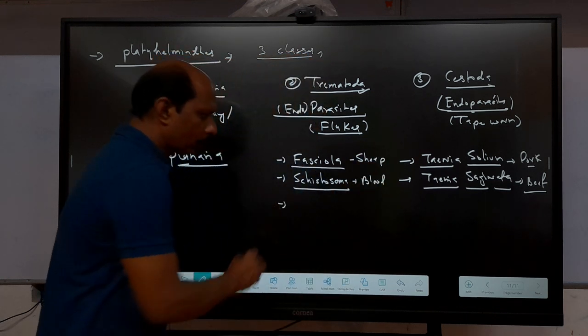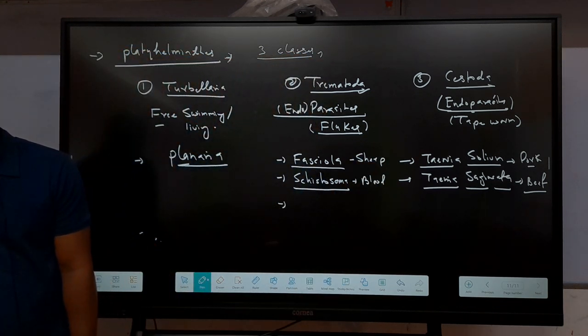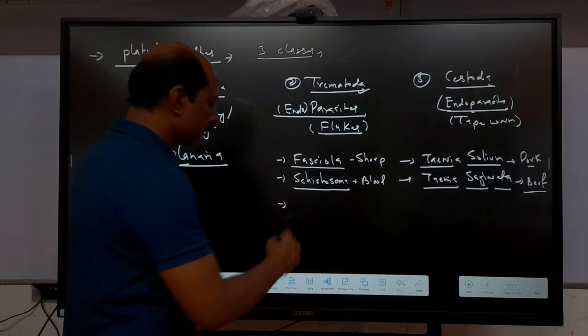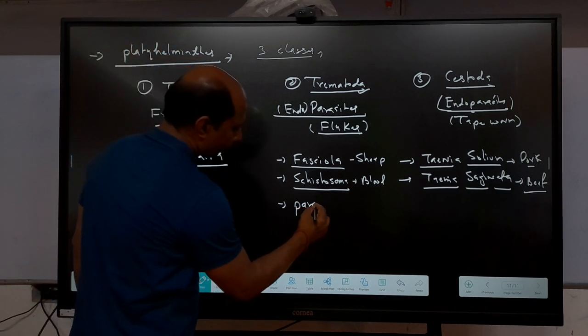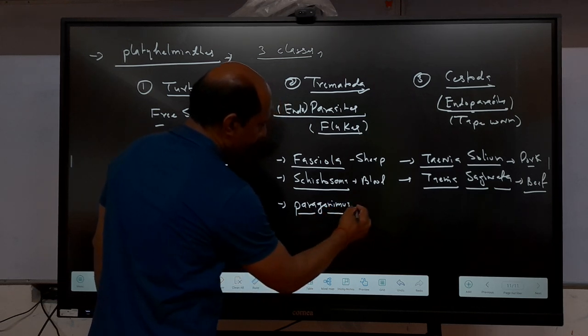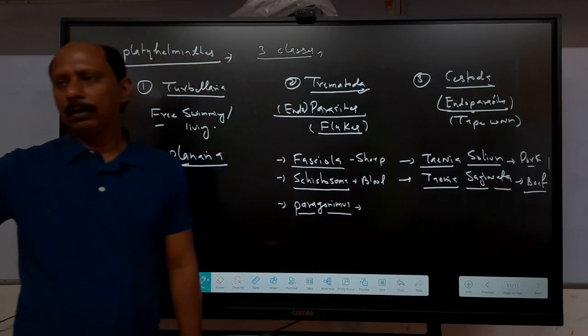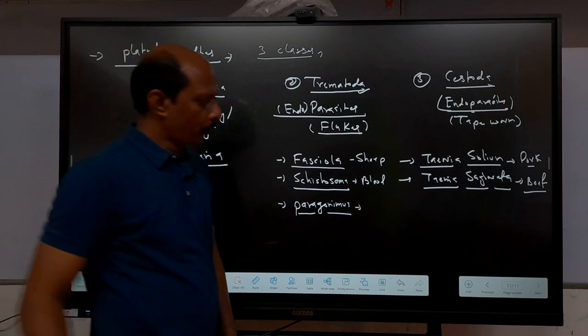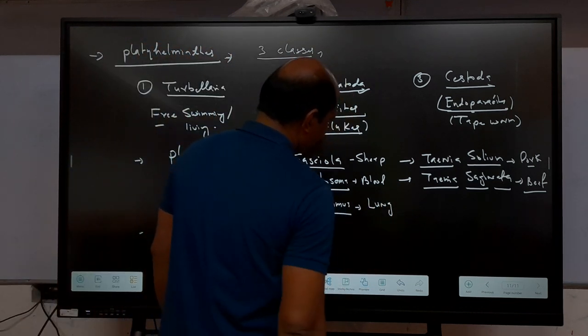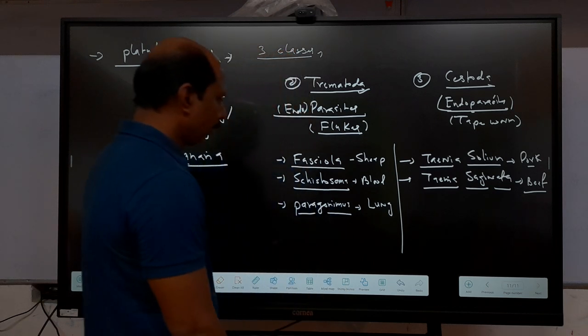We have some other examples also. One is Paragonimus, that is the lung fluke. These are called lung fluke worms. These are the examples.